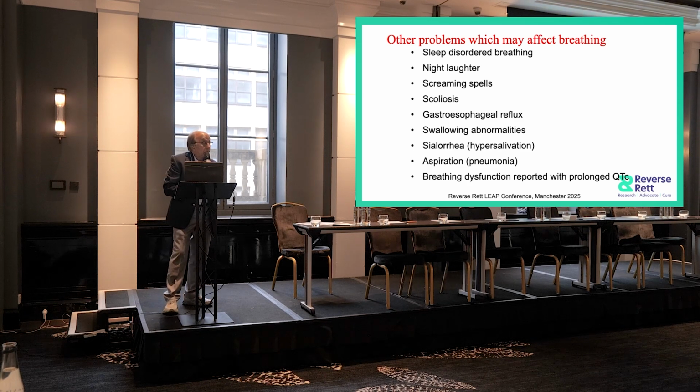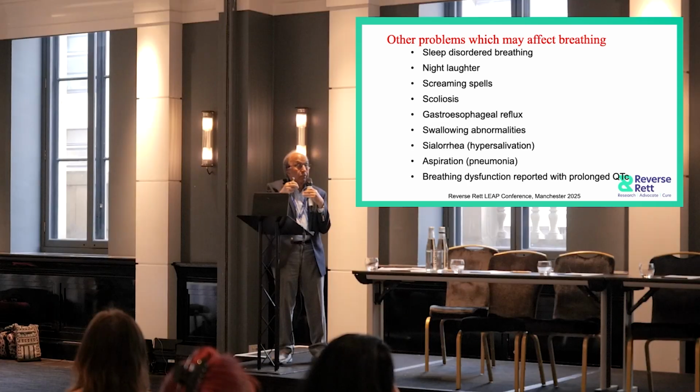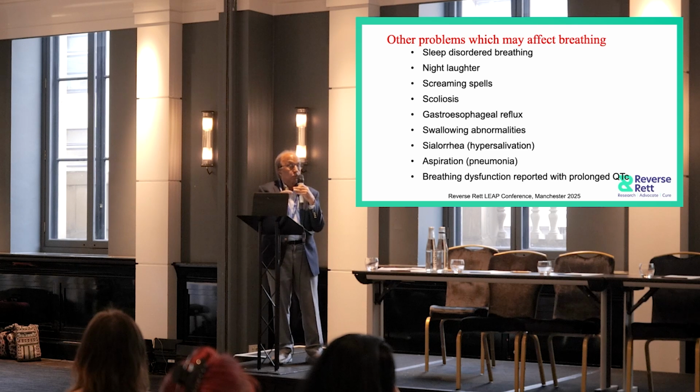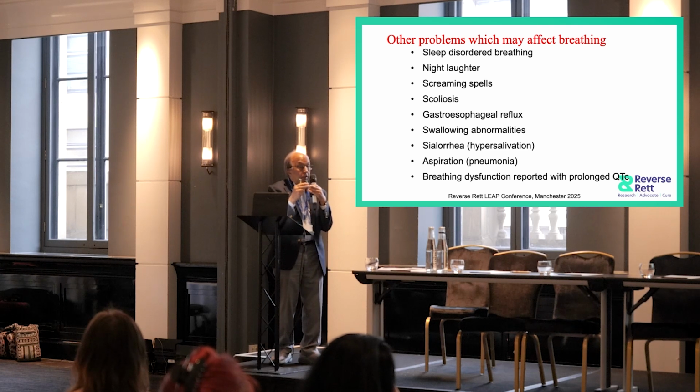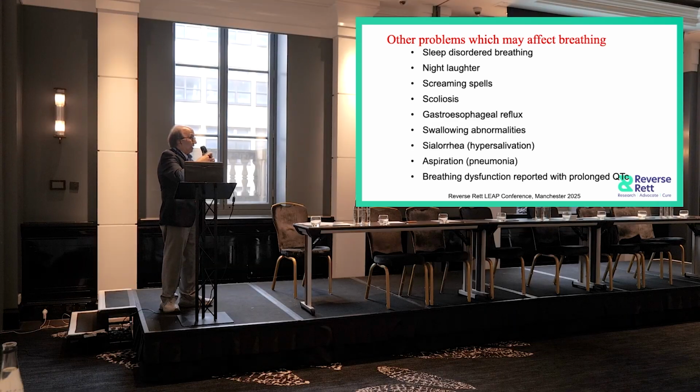And then hypersalivation or sialorrhea or drooling can also contribute to that. If there is a problem with the muscles, low tone, that prevents the complete closure of the voice box, the vocal cords. Because normally what happens, vocal cords move away from each other when you're breathing in. When you're breathing out, they come back to the resting position.